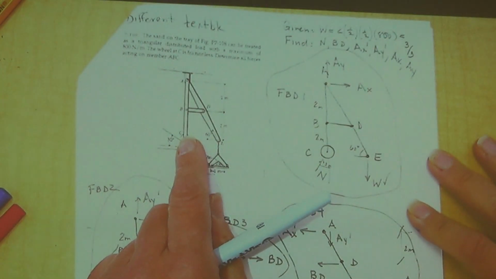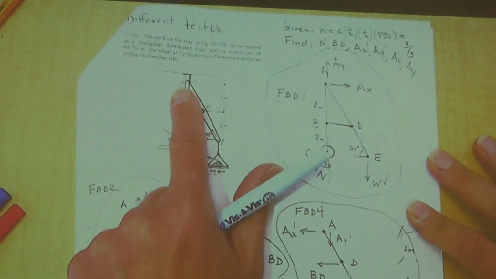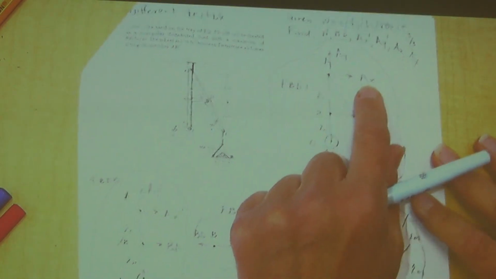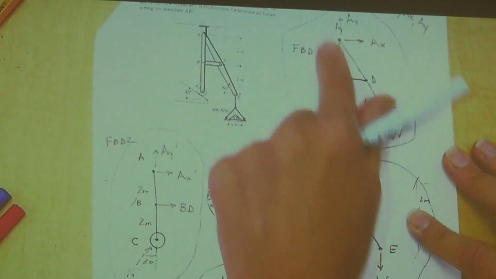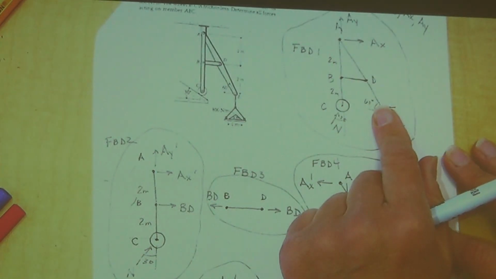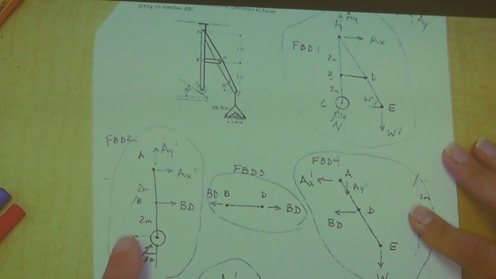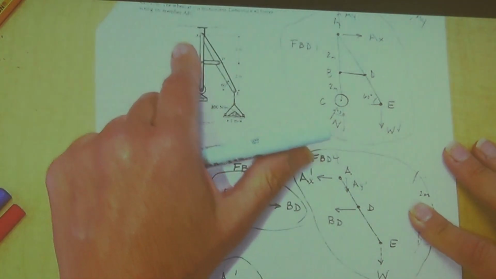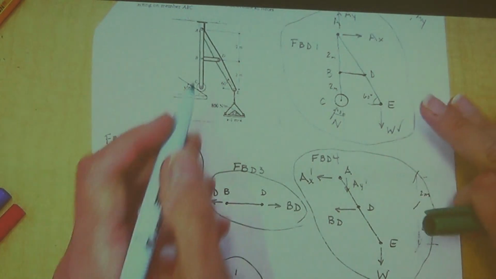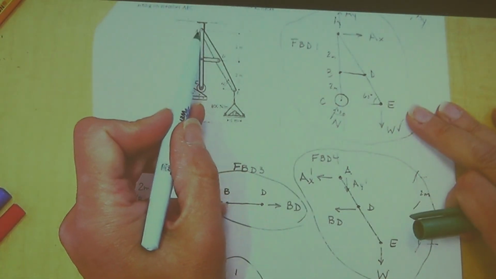So I went from the original sketch to pulling the whole structure away from A and I put in AX and AY. Then I took these two members, and I separated ABC and ADE, and one of them, you can tell which one's on top, right? Yeah.